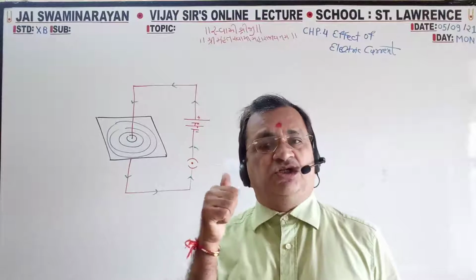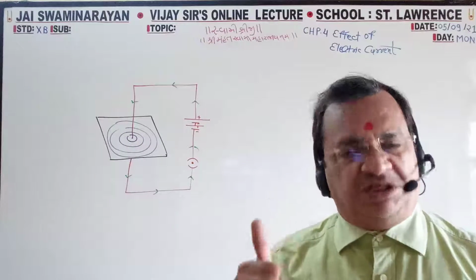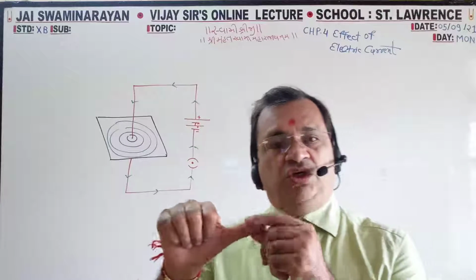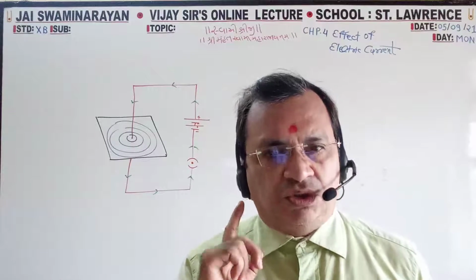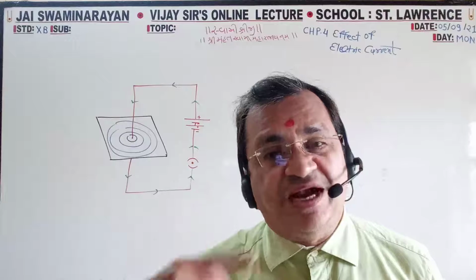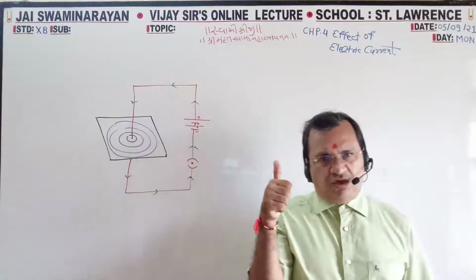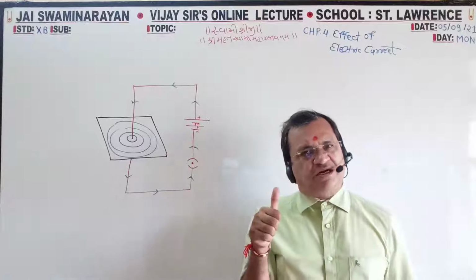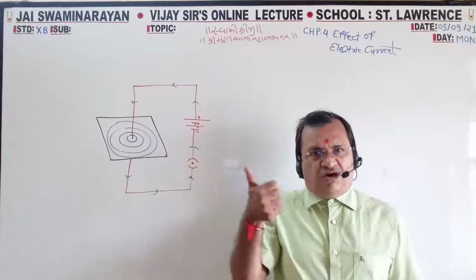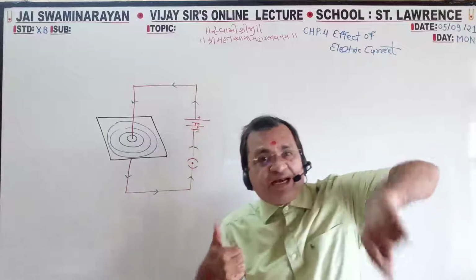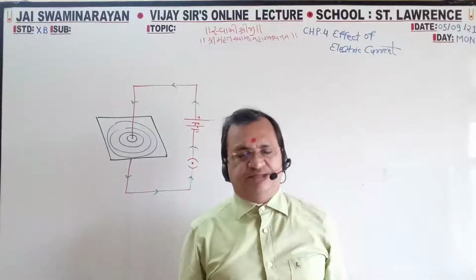Right hand thumb rule. What is the right hand thumb rule? Your thumb shows the direction of electric current, and these are the curved fingers. You can see the curved fingers show the direction of the magnetic field.